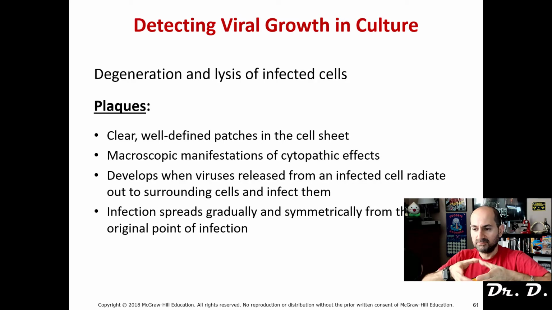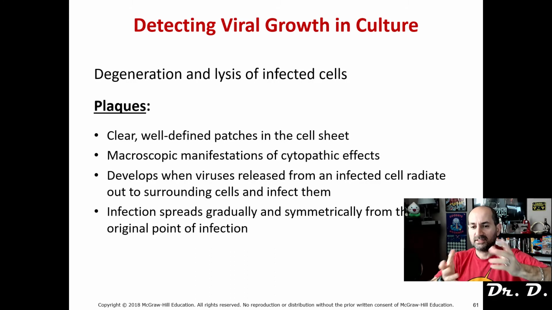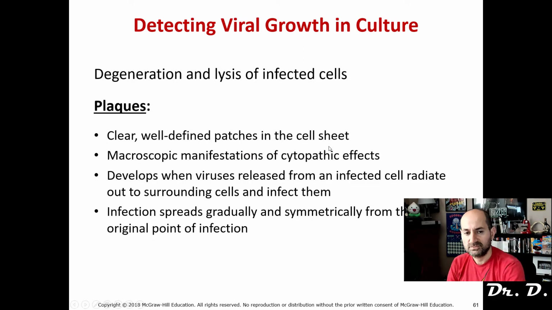So if you have a monolayer on a petri dish and the temperate phages have switched to the lytic cycle, that will cause all those cells in that colony to lyse, and you'll get these clearings in the agar, and that is called a plaque. Plaques are clear, well-defined patches in the cell sheet due to the lysis of those cells during the lytic portion of a viral event.